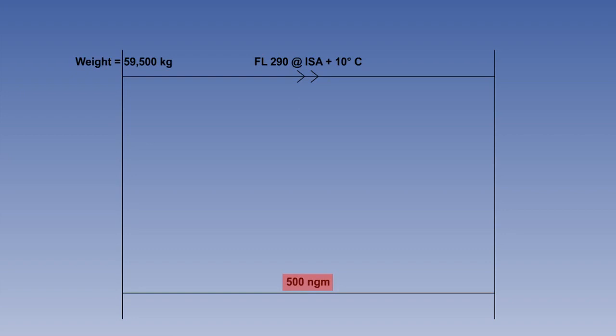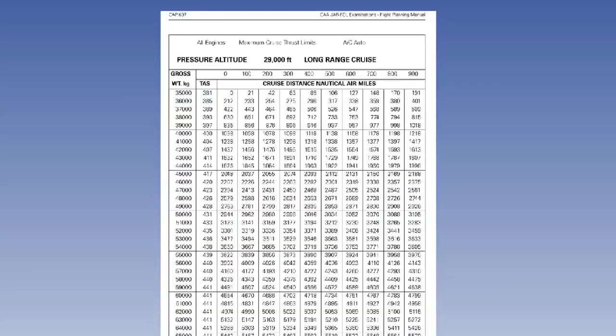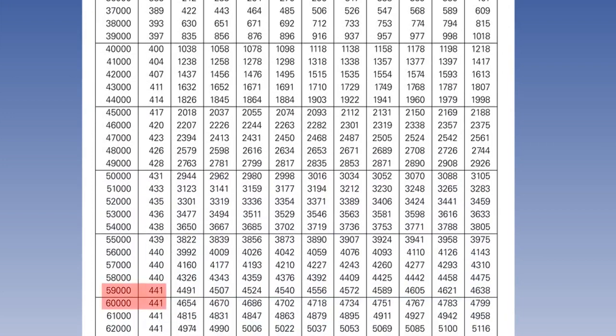For long-range cruise, the flight management computer selects the optimum speed. Therefore, the TAS varies with the aircraft weight. We have to enter the tables with our start weight of 59,500 kilograms. This gives us an ISA TAS of 441.